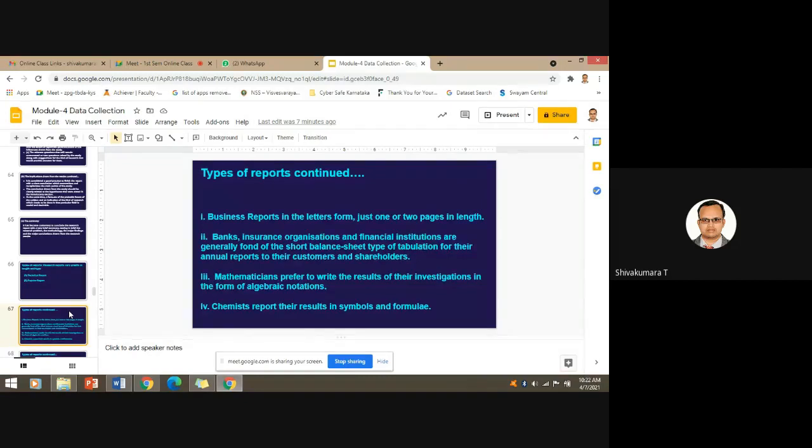Mathematicians usually use representations like nC2, that is a statistical combination, a general representation, right? nPm, nCn, all those things. And in chemical reports, there are symbols and formulas. Usually in chemical reports, they use symbols and formulas.